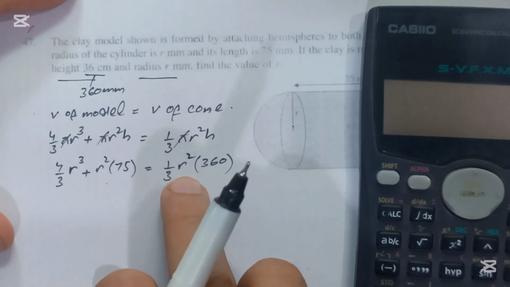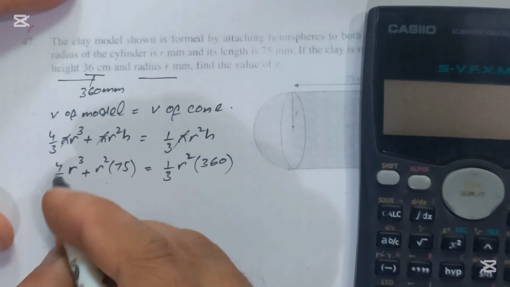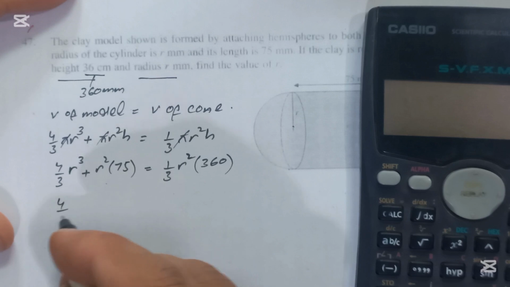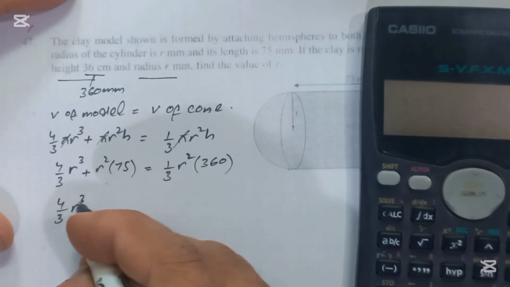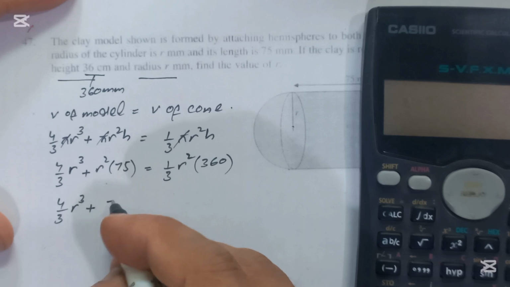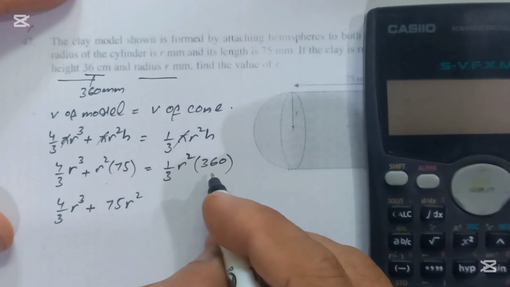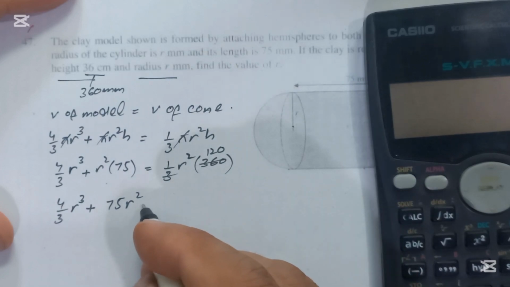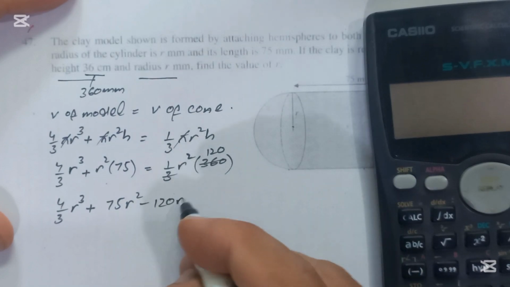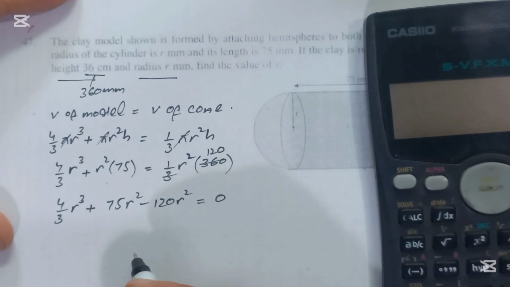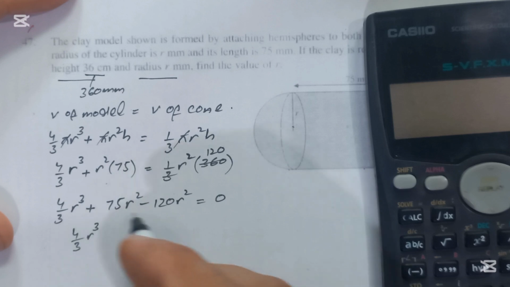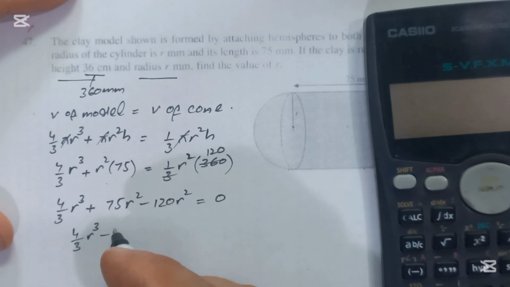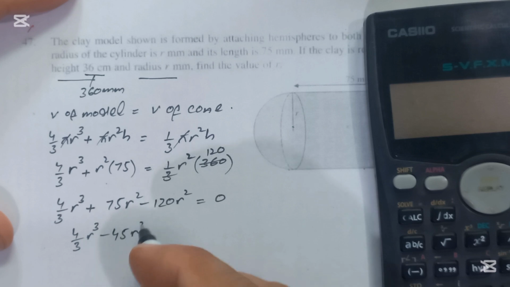These two values are having r square. So solve it: 4 by 3 r cube plus 75 r square. 3 ones are 3, 3 twos are 6, 0, 120 r square will come to the left side equal to 0. So 4 by 3 r cube plus 75 r square minus 120 r square equal to 0, which is minus 45 r square equal to 0.